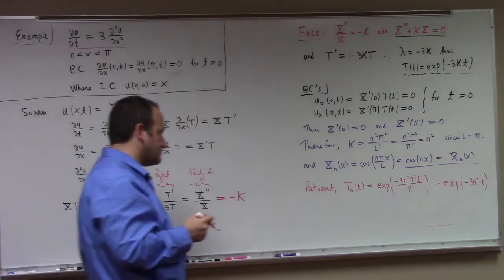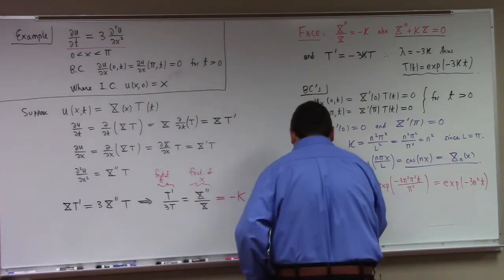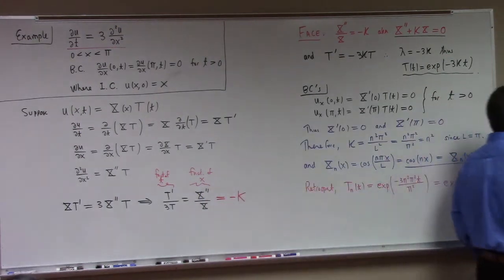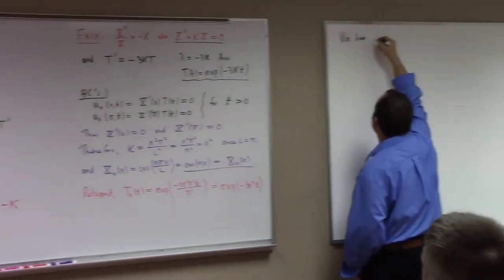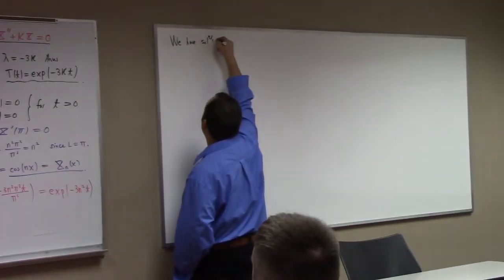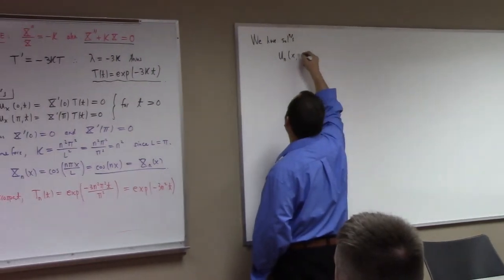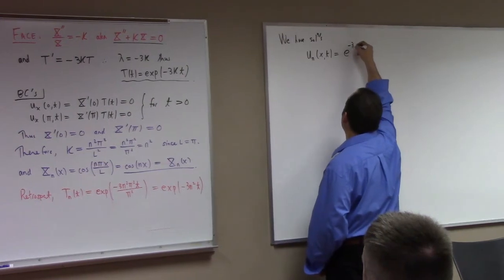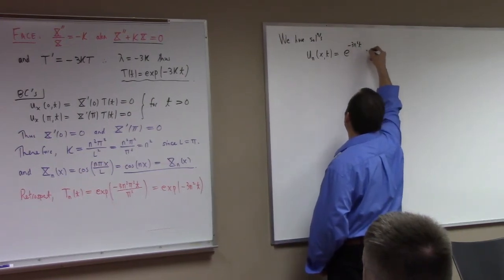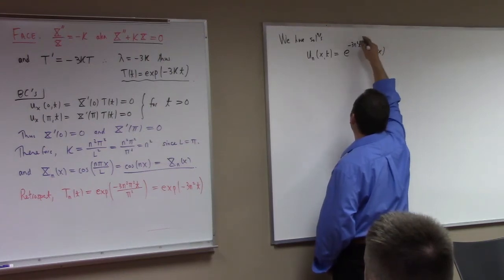So, in summary, though, I'll put it over here. Let's say u_n of x, t equals e to the minus 3n squared t cosine of nx, right?